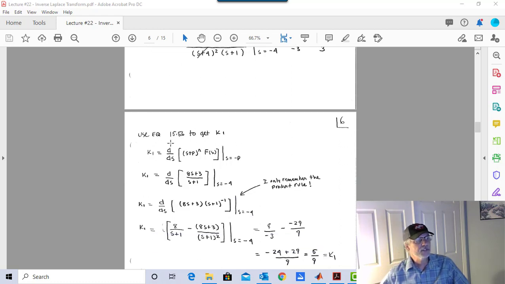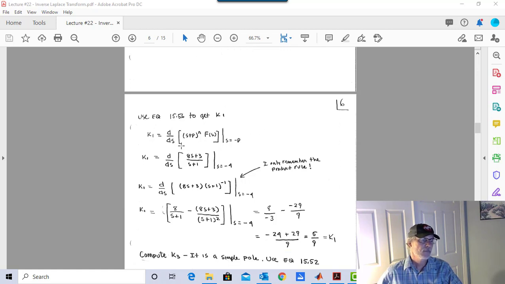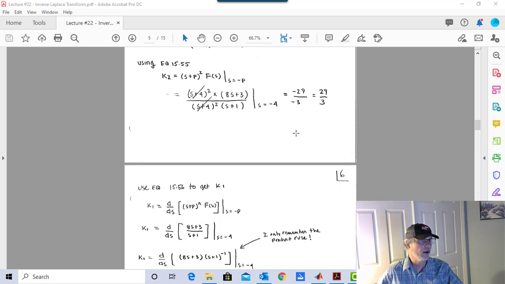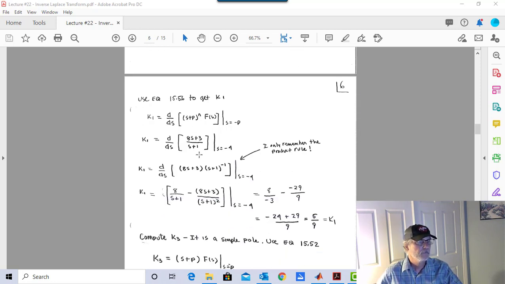So the book gives us equation 15.56, which involves doing a derivative. Not going to derive it, but it's a nice little derivation in the book. And here is the formula for getting k1. So what we're going to do is say k1 is going to be equal to d/ds of 8s plus 3 divided by s plus 1, because you notice the s plus 4 squared has canceled out. And we're going to evaluate that at s equals minus 4.